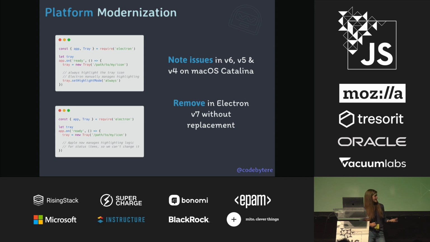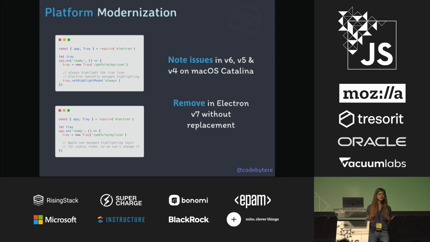But there is one catch. The button property no longer allowed developers to manually manage highlighting of NSStatusItems. Highlighting, in this case, is the way that the icon appears when you click on it. Previously, you could set it to always appear highlighted, only appear highlighted when clicked, or never appear highlighted. So how do we handle this change?